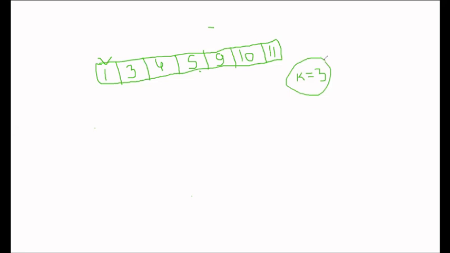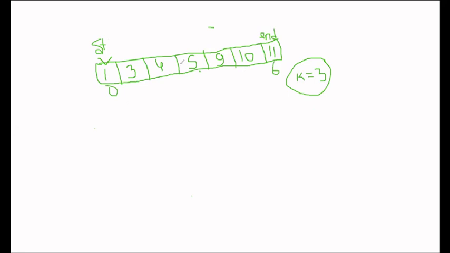Suppose we have to search k is equal to 3. Our start variable is pointing to this index and end value is pointing to this index. Okay, it is 1, it is 0, it is 6.